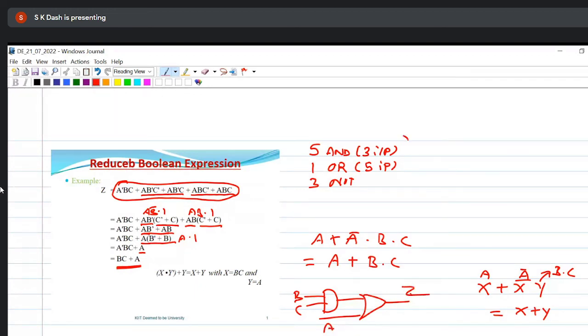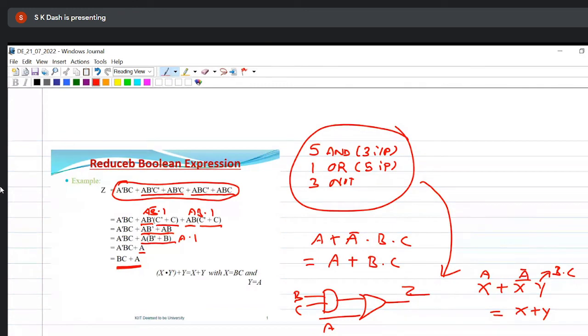So our cost is reduced and it will also require less space. Whenever we go for any implementation, our objective should always be to reduce the expression so that fewer components are required and cost is less.